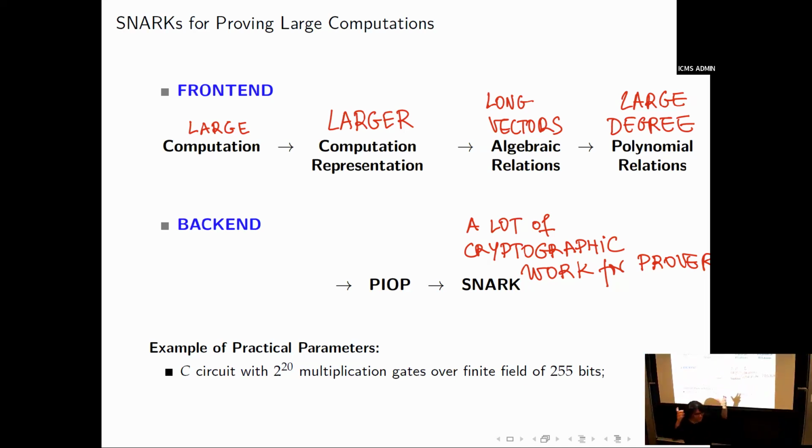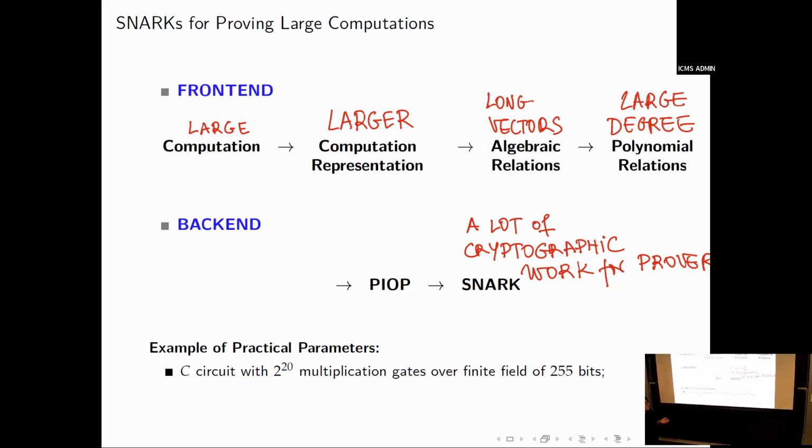That in reality, we're proving things about very long vectors. We have very large degree polynomials, and these end up being a lot of work for a proof. Especially in the setting we're discussing today, the setting of many practical SNARKs, in which the prover is doing all these as group public key operations, that is, operations in a group where the discrete logarithm is hard.